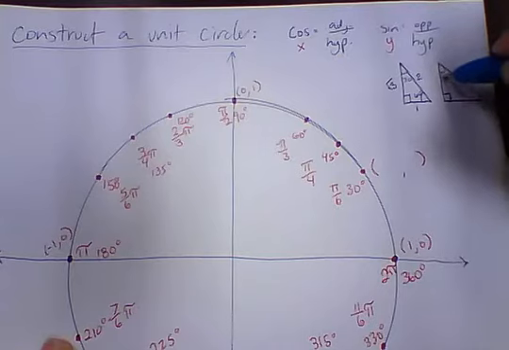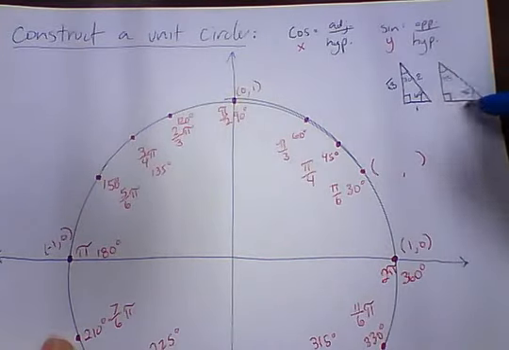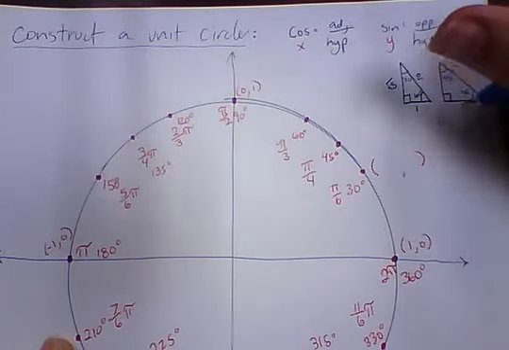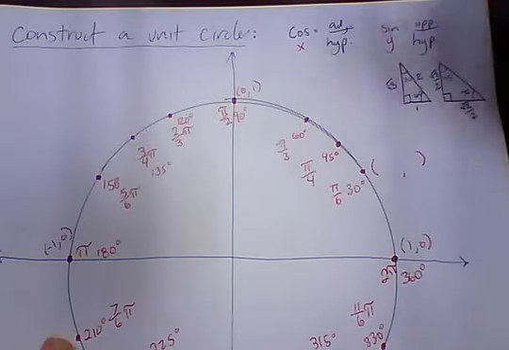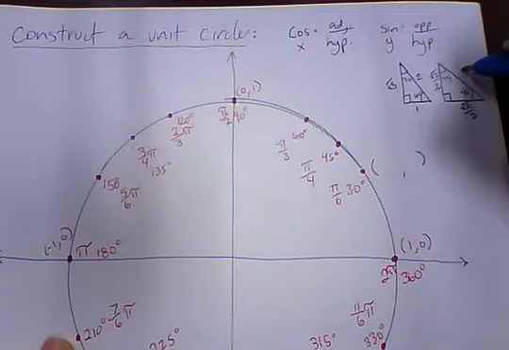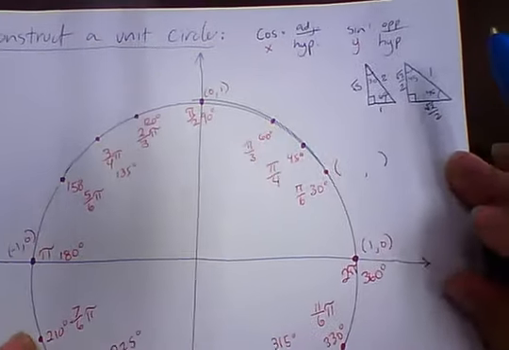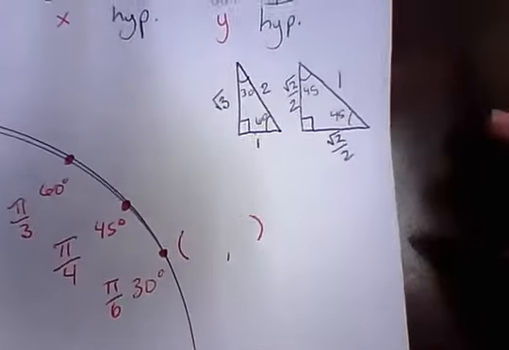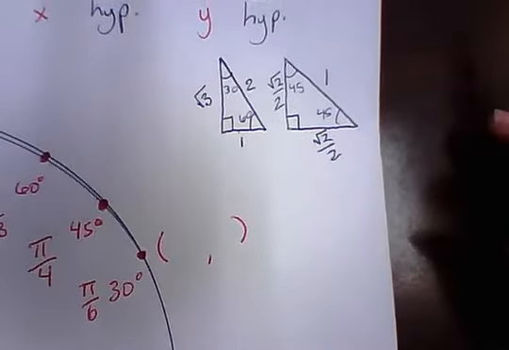For our 45, 45 triangle, our two same-length sides are both radical 2 over 2, and the hypotenuse is 1. All right, I just realized that's pretty small. Here's a little close-up of what I just wrote, if you needed a better visual.